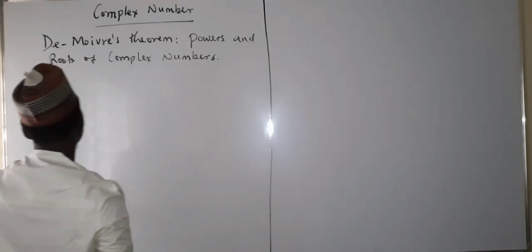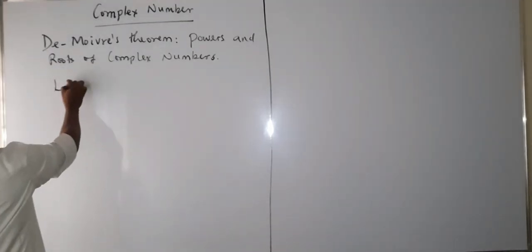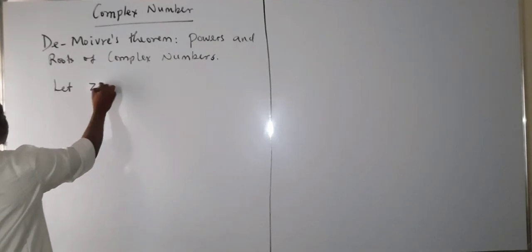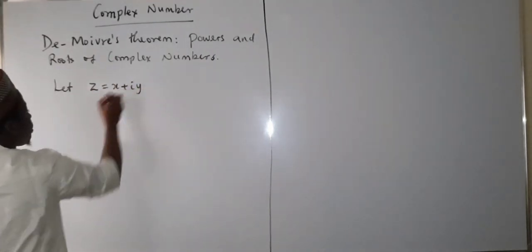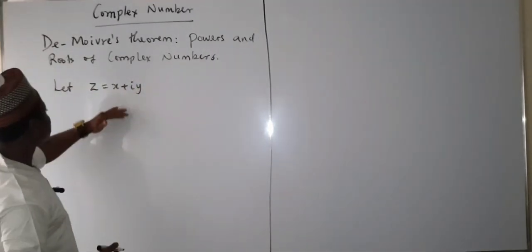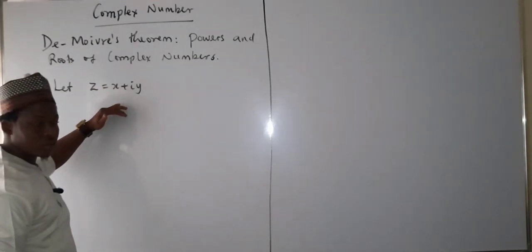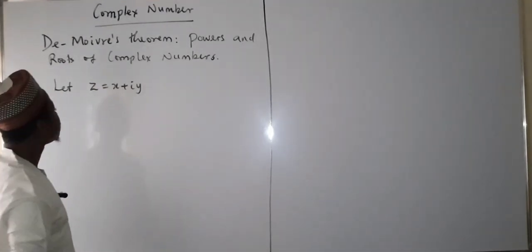So we state that let z equal x plus iy. This is the rectangular form, that is the Cartesian form.